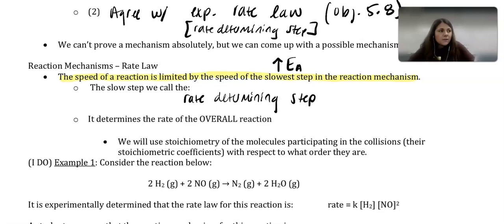If your slow step takes the longest for that reaction to occur, it's going to affect the entire rate law, with that rate law being zero, first, and second order for those reactants. So it will determine the rate law of the overall reaction.